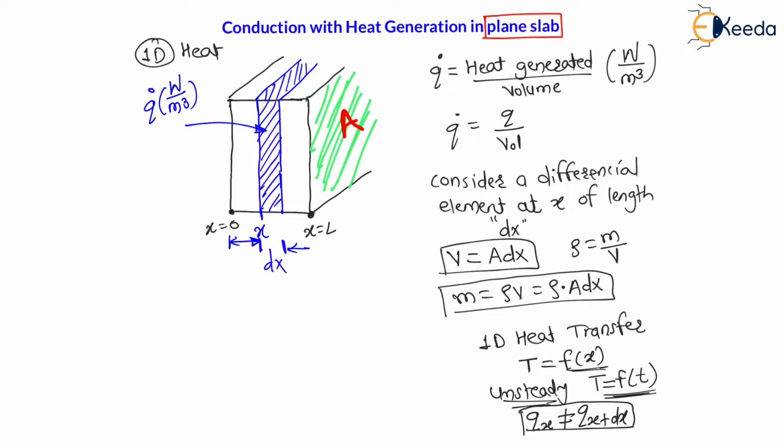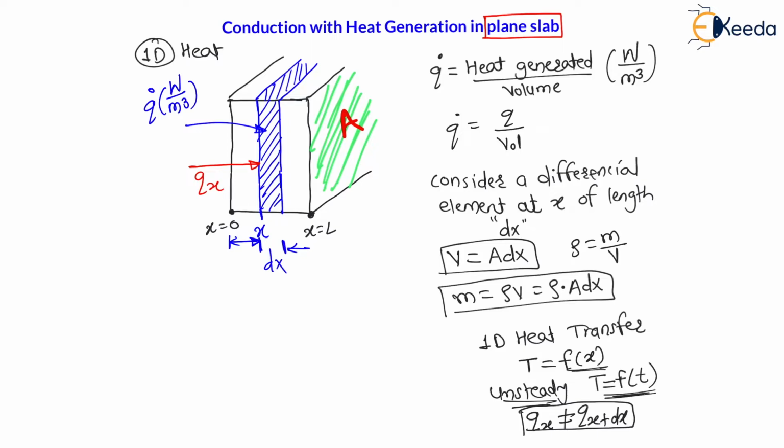Therefore, my dear students, let us say along x direction there is conduction. Now at distance x, the heat conducted will be qx. Therefore, let us say the heat conducted into the element at distance x is nothing but qx.